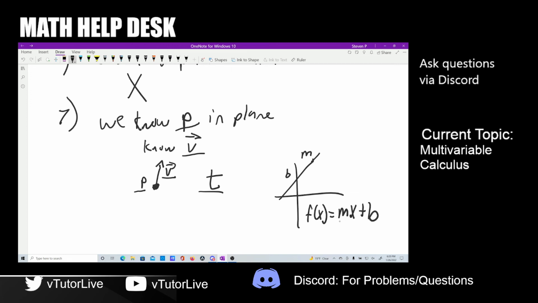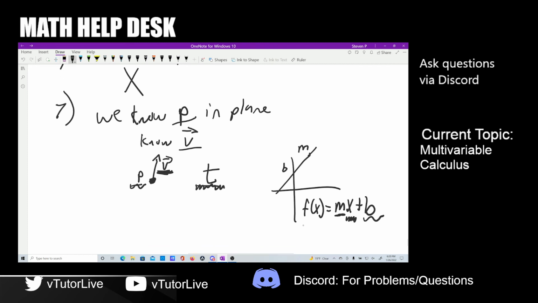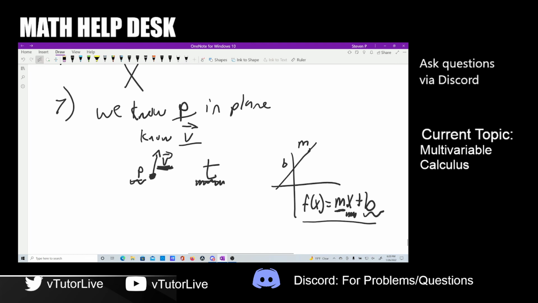In the multivariable case, the vector is the multivariable equivalent of a slope, t is the independent variable, and all that's left is the information about a single point. Here it's an intercept, there it's a point, but it's the same thing. So how would you write this in multivariable notation? Let's call it r of t. r of t is equal to what?